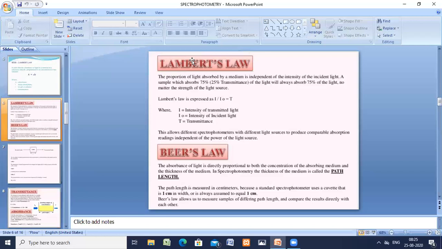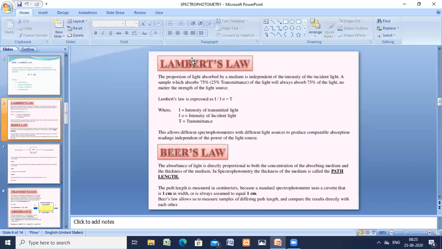That is Lambert's law. So the intensity of transmitted light decreases exponentially as the thickness of the absorbing medium increases. So this is Lambert's law.